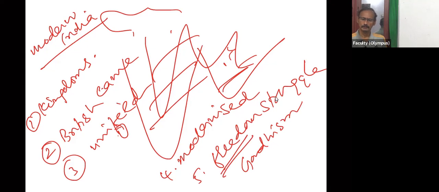And then they left. The only bad part of this was the violence related to partition. Lakhs of people died, and it was not a smooth transition. But probably if Hindus agreed, it would have been avoidable. So essentially, the British did all these things.